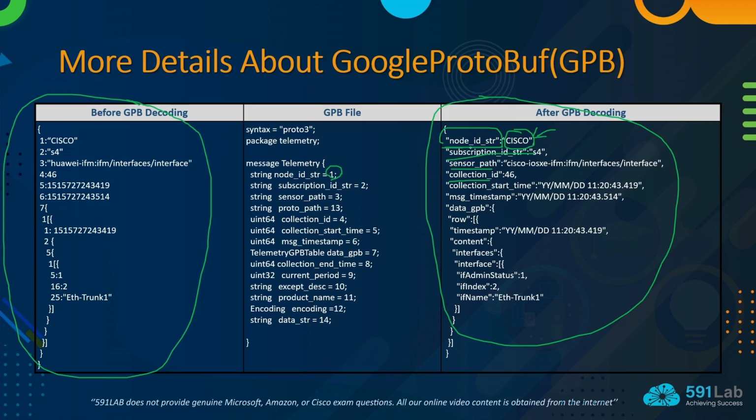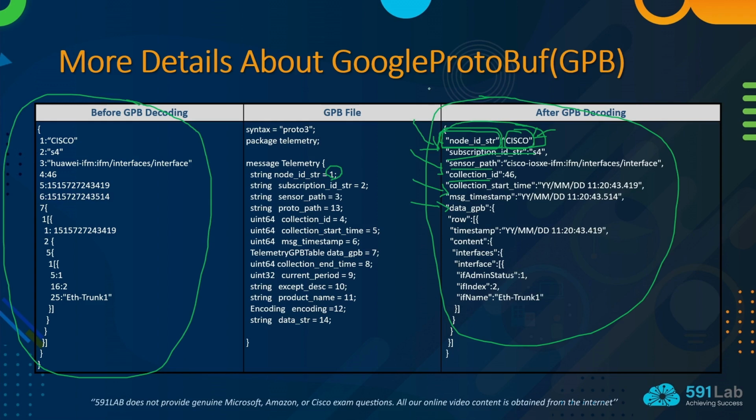But the key maybe will not change, because some of the data structure, such as the YANG model, is defined by IETF. So the key is most of the time fixed, but the value is changeable.